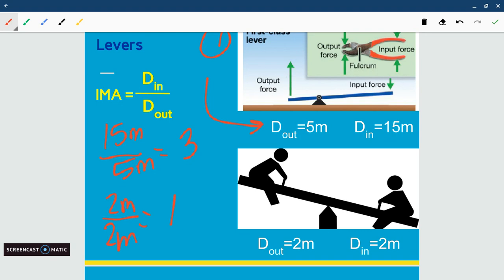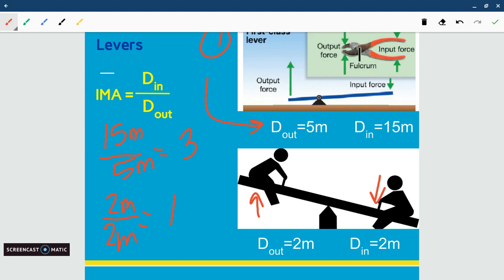Now you might be wondering, why would you want a mechanical advantage of 1? If you have a mechanical advantage of 1, and this is true of levers and pulleys most of the time in terms of frequency, that means that you are changing the direction of the force. In the example of the first class lever, to make this person go up, this person had to apply a force down.